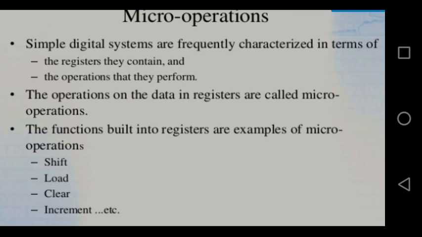So it is important to know how many registers a particular digital computer contains, and second, the operations that they perform. What is the smallest operation that that particular computer can perform?